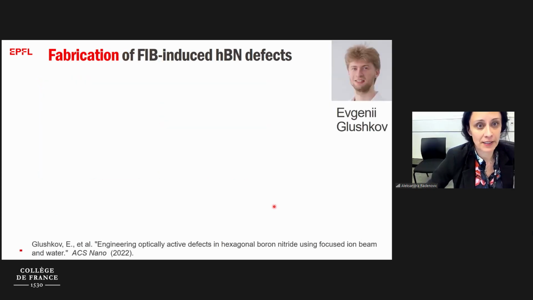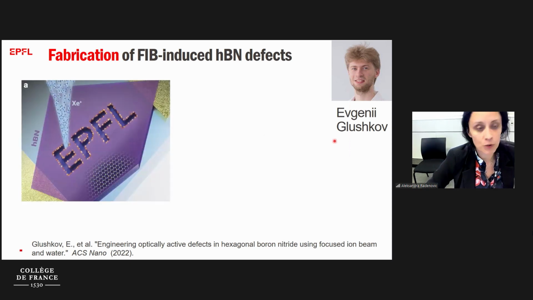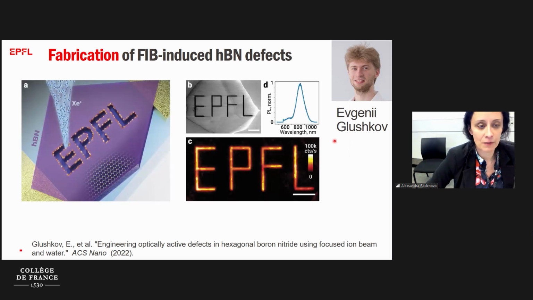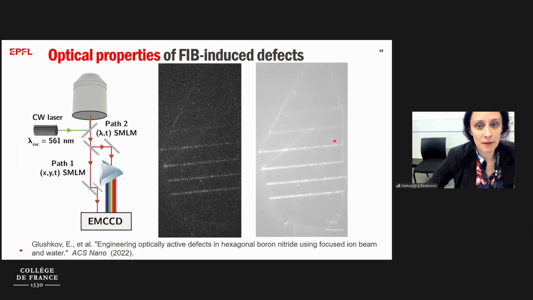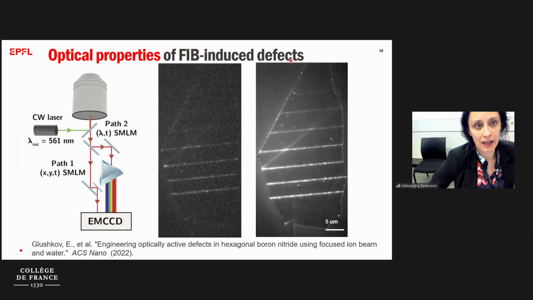So this was attempted by Evgeny Glushkov, and again, using a systematic study, we started with this xenon ion FIB milling, and basically again using our microscope, we were able to examine the doses.